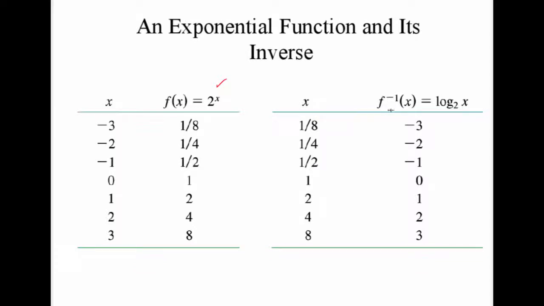In the inverse of f, this is f inverse of x, which would be log base 2 of x. An x value of 1/8 produces a function value of negative 3. When x is 1/4, it produces a function value of negative 2, and so on. And you can see here in the exponential function, the inputs are the outputs of its inverse, and the outputs of f are the inputs of its inverse, and that's the relationship between a function and its inverse.